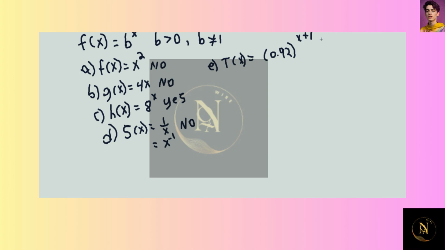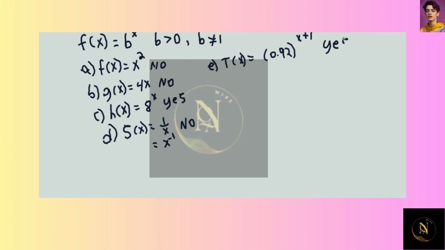So yes, you can have an expression in your exponent as long as whatever your independent variable is is in your exponent. That's going to be an exponential function. So is this, again, some constant b raised to a power where the variable is in that power? Yes. So yes, this is an exponential function.